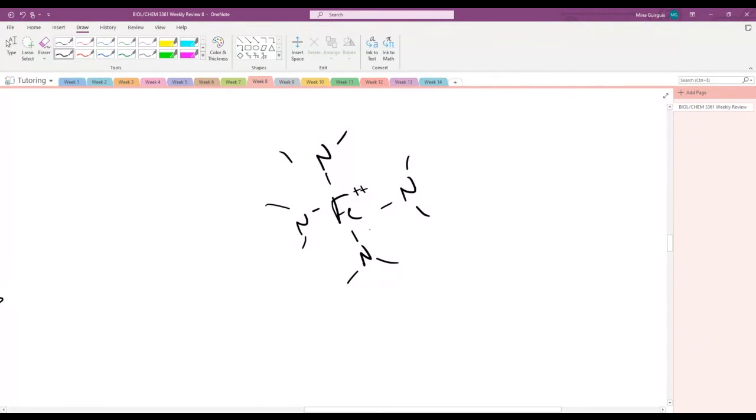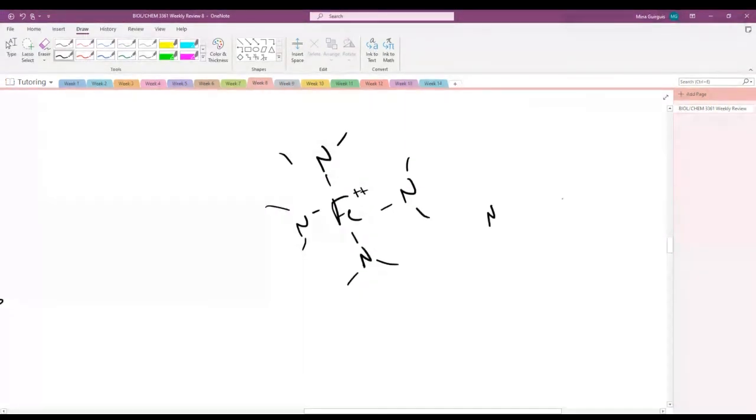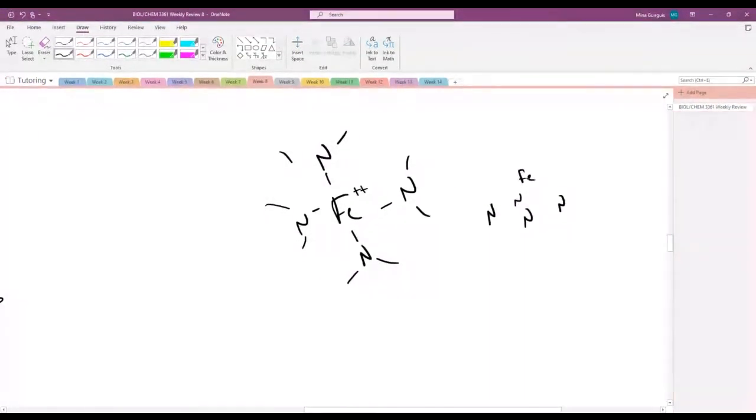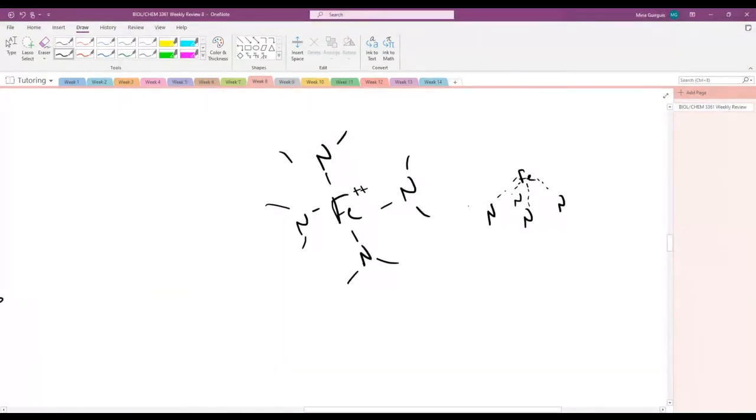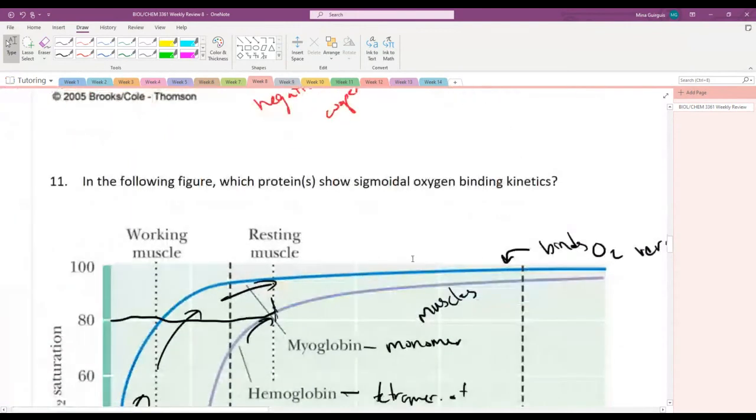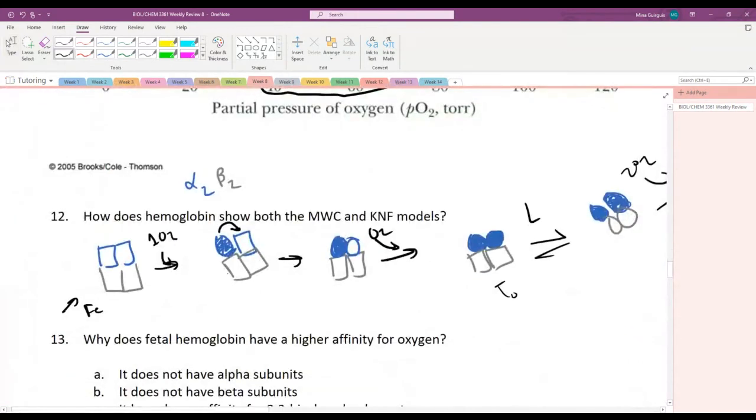Okay, how does that look? If we were to look at it from flat on the page, the 4 nitrogens are flat. So I'll draw it like that. The iron is sticking up a little bit, so they all have to go up. So what does that have to do with anything? It's a good question. What happens is the first binding. So let's come back over here.